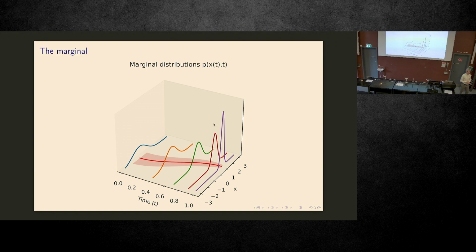But I think it's great to think about what it could be. You could just think about t here as an index for a hierarchical latent variable model.